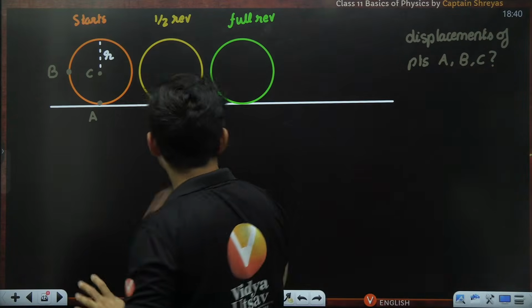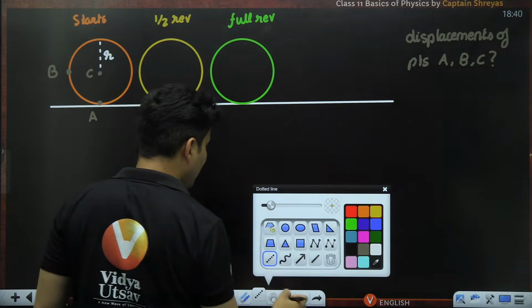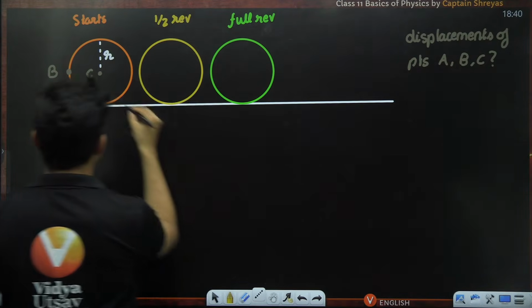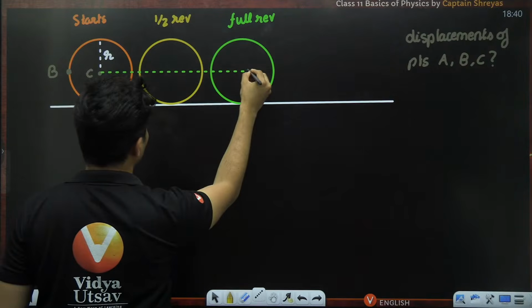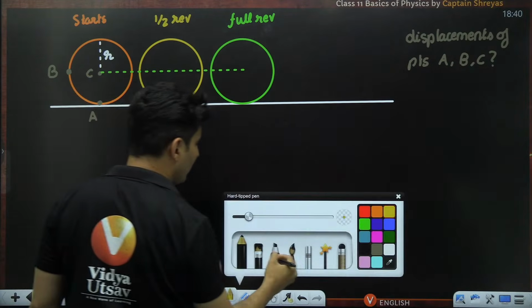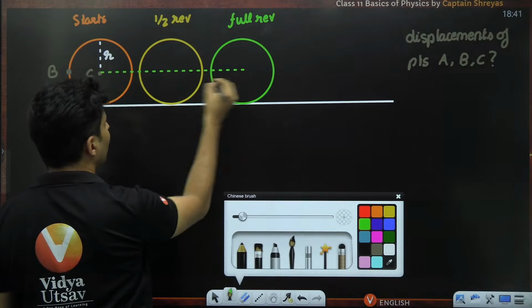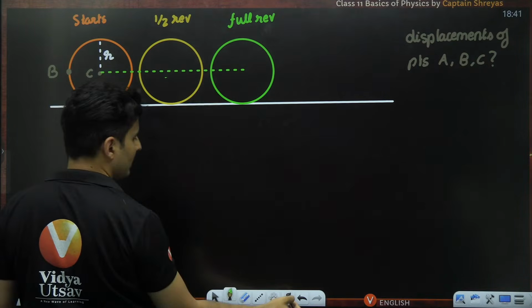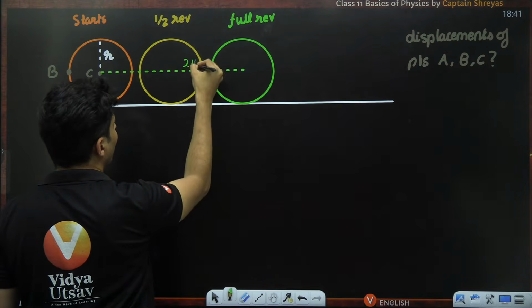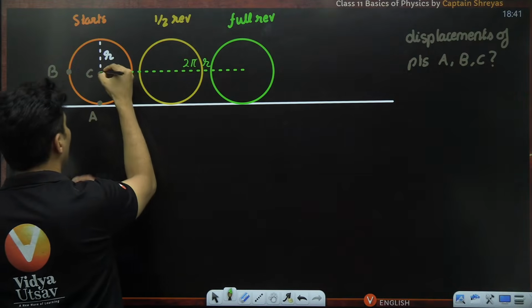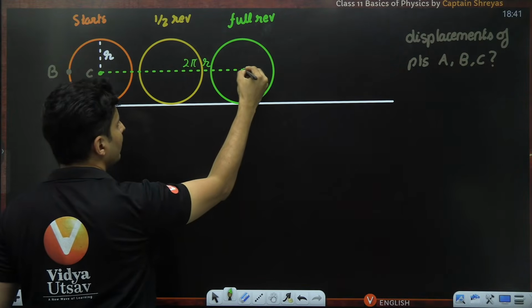Yes or no? So can I say this entire distance from here to here is nothing but 2 pi r? It is nothing but 2 pi r from here till here.